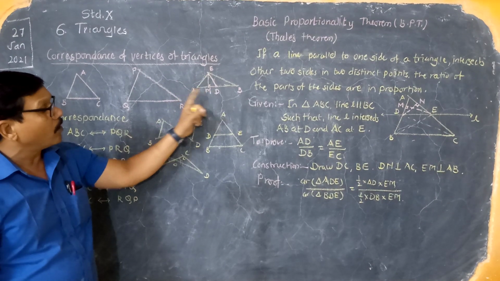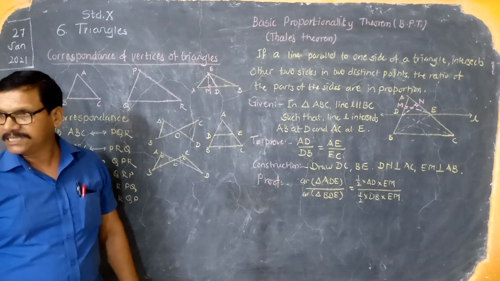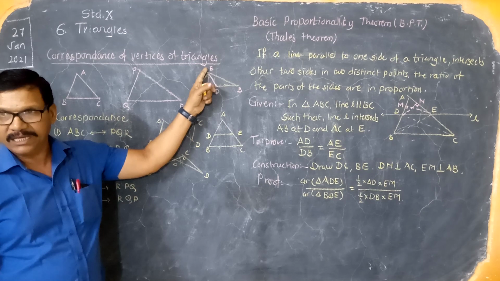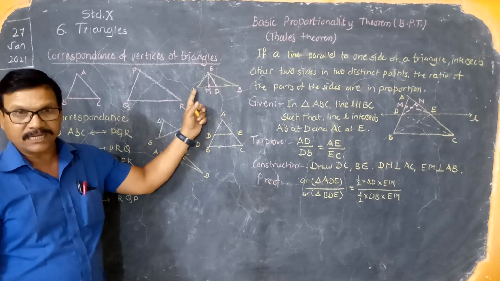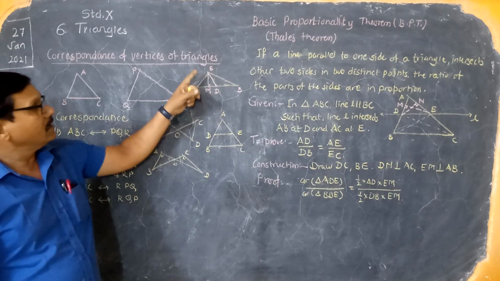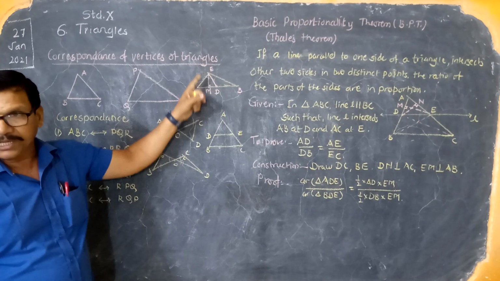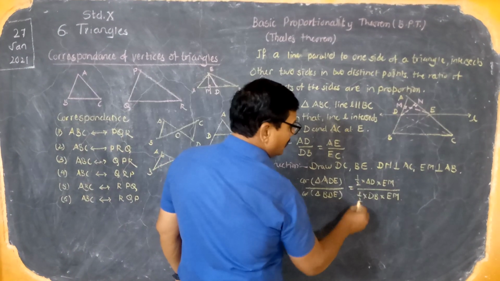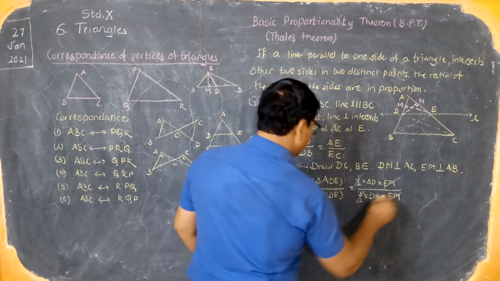The vertex is the same for triangles ADE and BDE. Now the vertices are same for both triangles, and their bases lie on the same line, therefore their altitudes must be equal. Therefore EM is same for both triangles. So the half gets cancelled and EM gets cancelled.